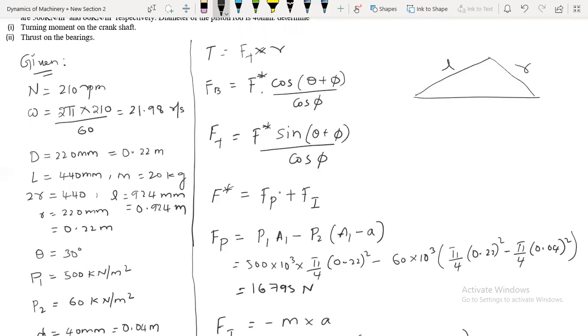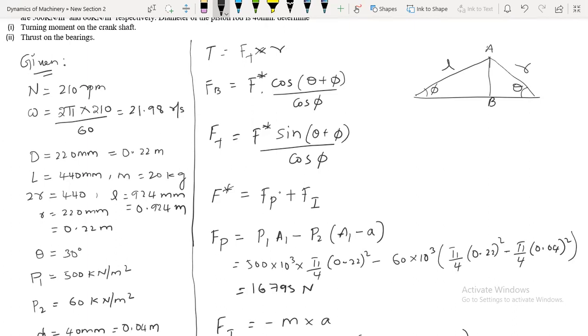Let us say the angle subtended by the connecting rod is phi and the angle subtended by the crank is theta. Now at point A, I am dropping a perpendicular and naming the point B. When I drop a perpendicular, this is divided into two triangles.